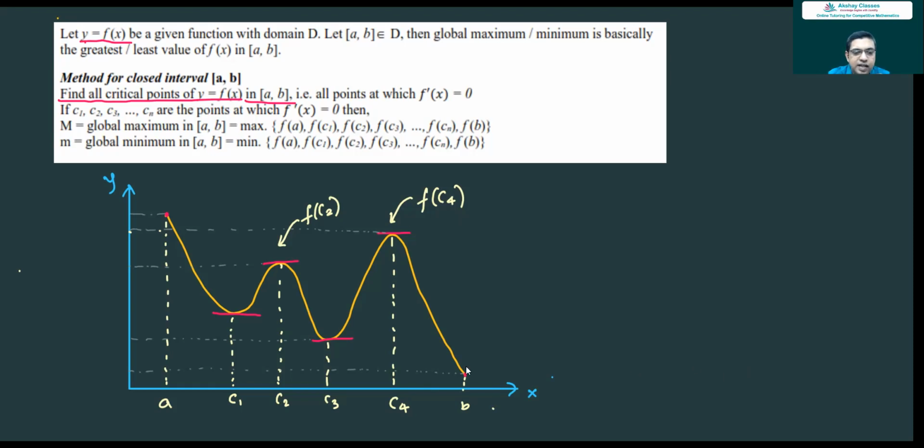And similarly, if we take the interval A to C4, then the least value will be f of C3. It will not be f of B because B is not in consideration.